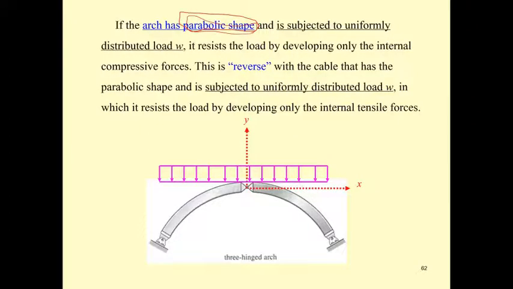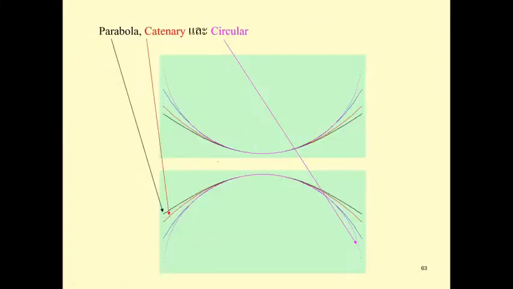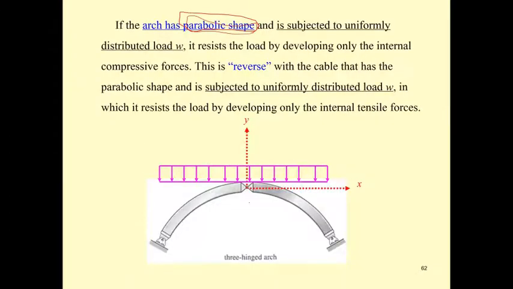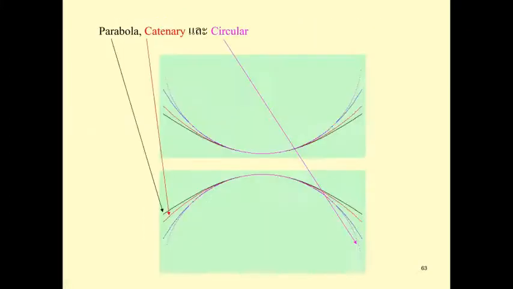Okay, if you have the parabolic arch, you're going to set the origin of the coordinate xy at the crown. This is called the crown, the highest point of the arch. We set this point as the origin of the xy axis, and following the same distributed load, it's just like the cable. I'm talking about the arch with the parabolic shape.